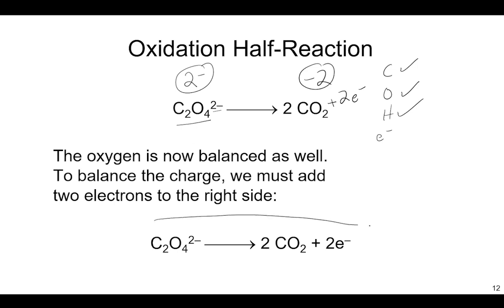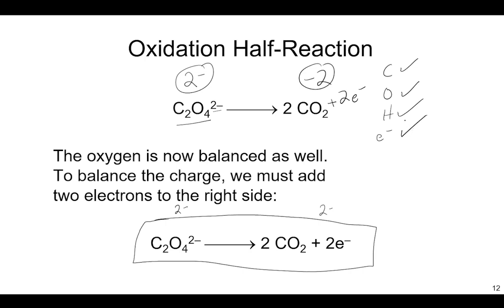Okay, so that's what I'm showing down here. I've added 2 electrons. Each electron is -1, so 2 electrons here make this 2 minus overall on the right to match the 2 minus overall on the left. Great, so now my carbons, oxygens, hydrogens, and now electrons are balanced.